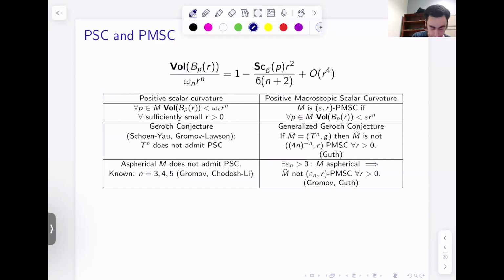Another Gromov conjecture states that manifolds with higher homotopy groups equal to 0 don't admit metrics of positive scalar curvature. Without some additional topological conditions, it's only known in dimensions 3, 4, and 5. But for the macroscopic counterpart, we have it in all dimensions, again with some optimal constant.